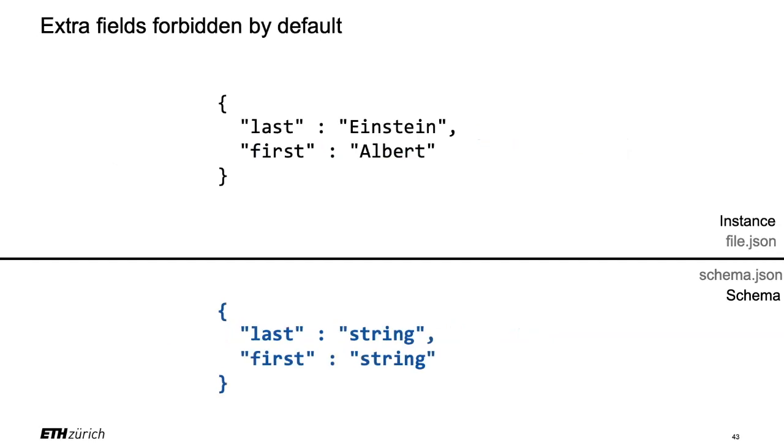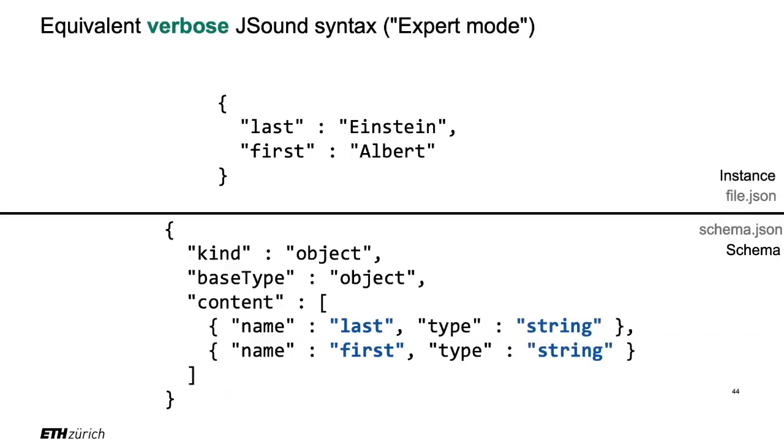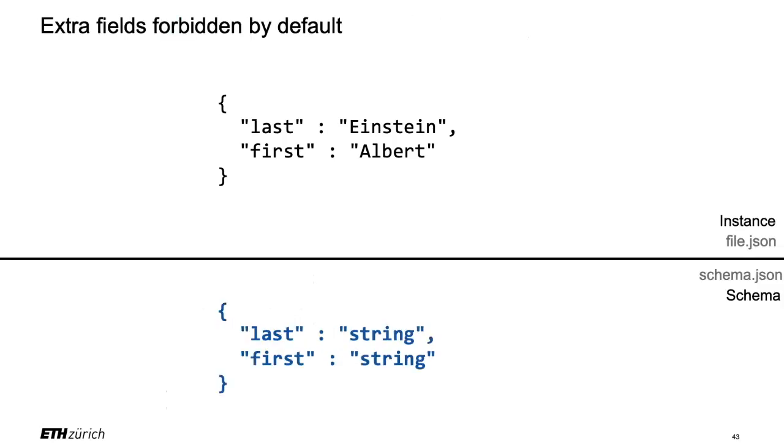By default, extra fields are forbidden. So if you have a document that not only has last and first, but middle, for example, that's not valid. You don't allow that. But you can opt in to allow extra fields. However, this is a power user thing.